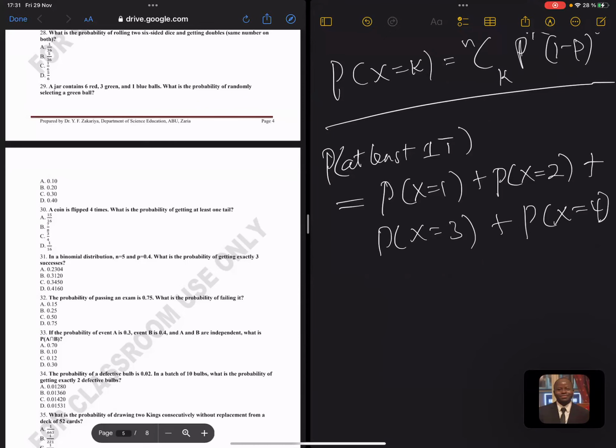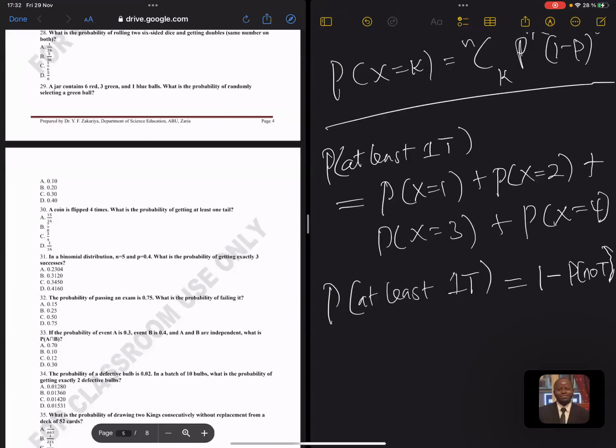Another way to think about this is to use the complement rule. I want to believe that I can convince you that the probability of at least 1 tail, if we move things around, we can write it as 1 minus the probability of no tail. Do you see this thinking?